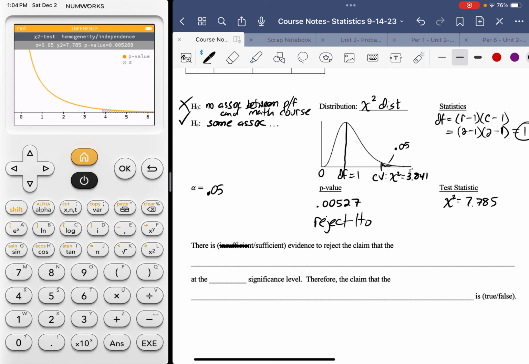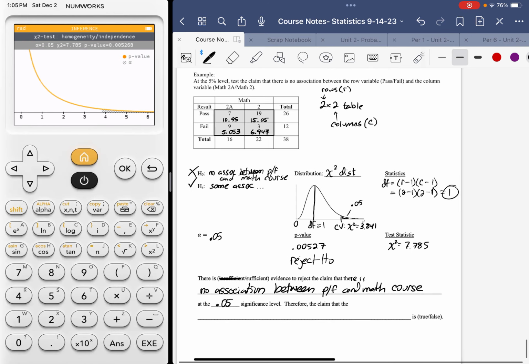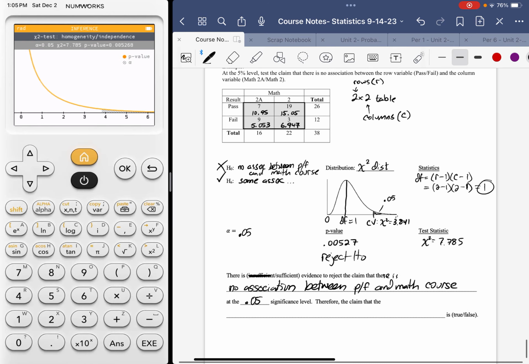There is sufficient evidence to reject the claim that there is no association between whether a person passed or failed, and math course at the 0.05 significance level. That happened to be what they were asking again, so I can get rid of that second sentence.